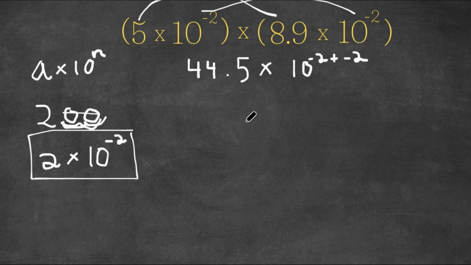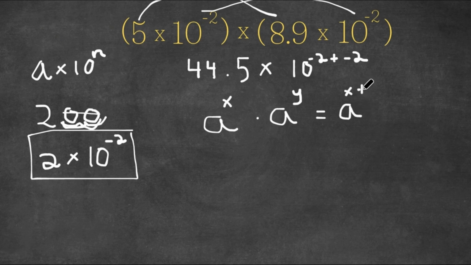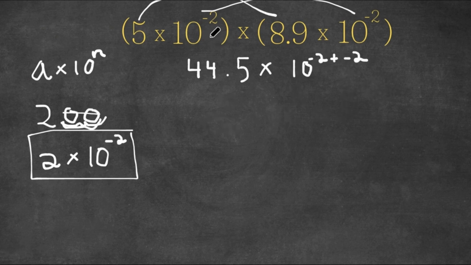Because remember, when we are multiplying two exponents, let's say a to the power of x times a to the power of y, when the bases are the same, all we do is we simply add these two exponents. So this would be a to the power of x plus y. So that's exactly what we did with 10 to the power of -2 and 10 to the power of -2.